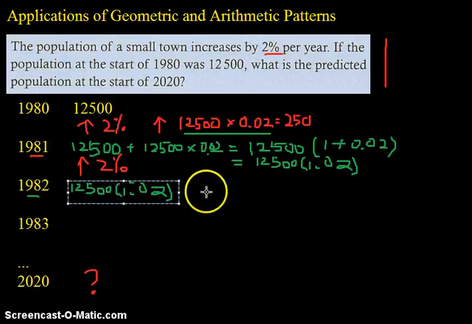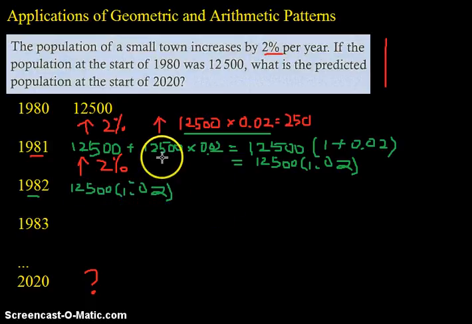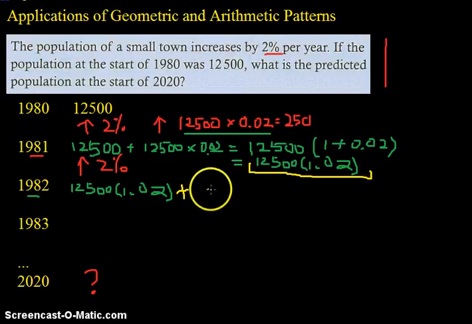So that is how much I'm going to have at the beginning, and then I'm going to add 2% of this. I'm going to add 2% of that.